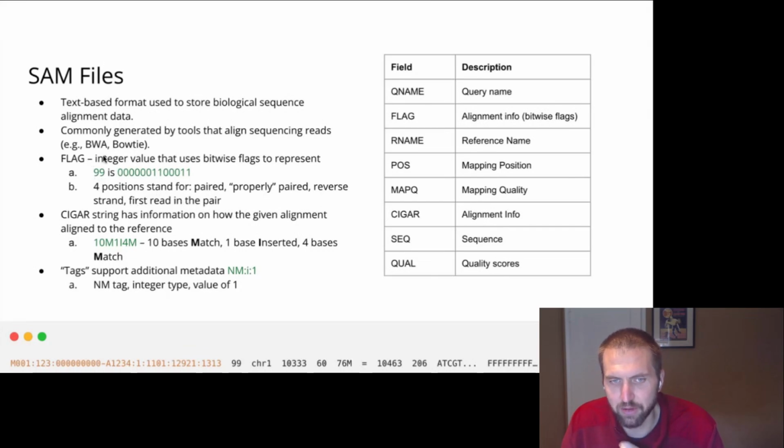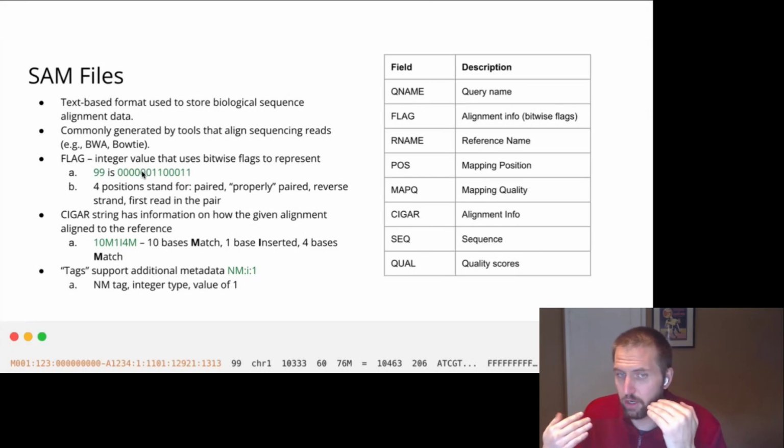So you get this flag, which is an integer, and it actually has a bitwise representation. Then you have to use that representation to say, okay, if I wanted to filter on all the alignments that are paired, what does that mean going from the integer flag to the bitwise flags to the actual filtering, and do that in a way that is meaningful to users.